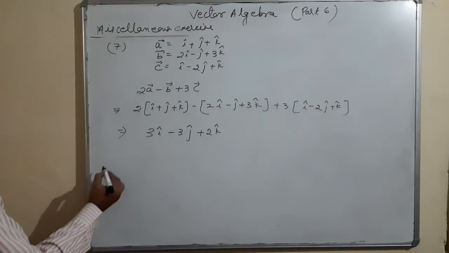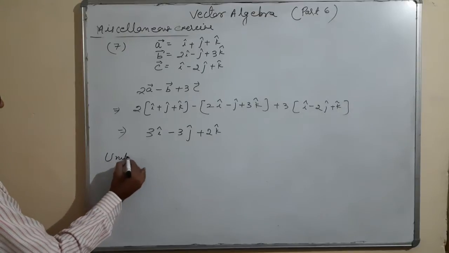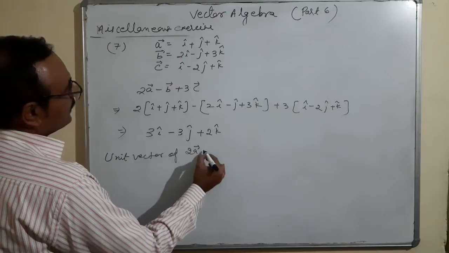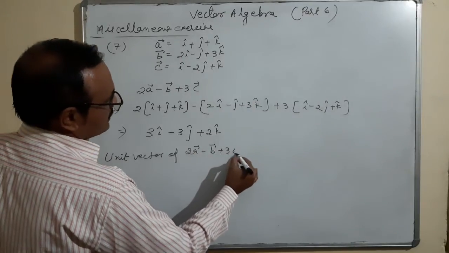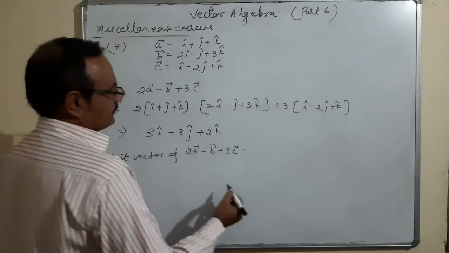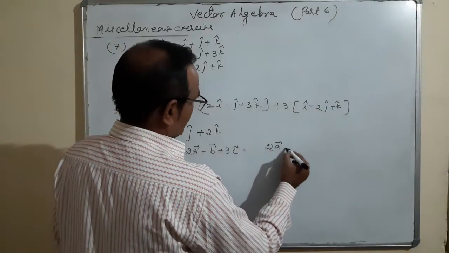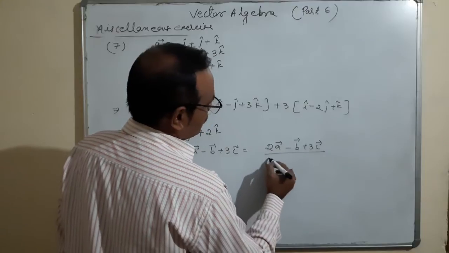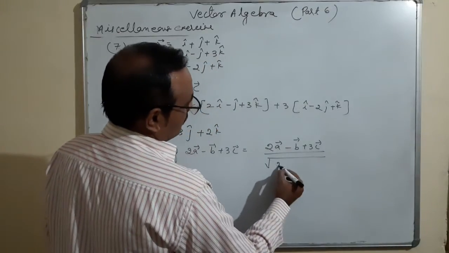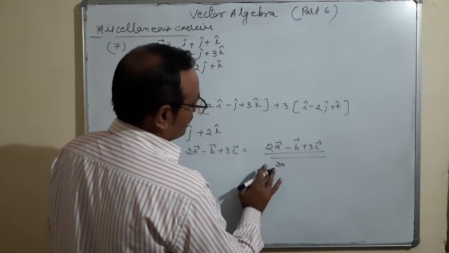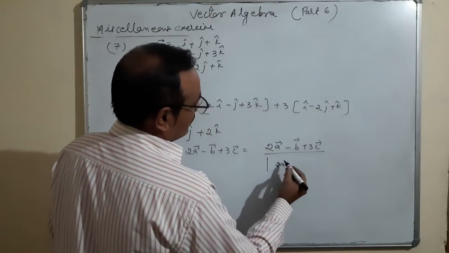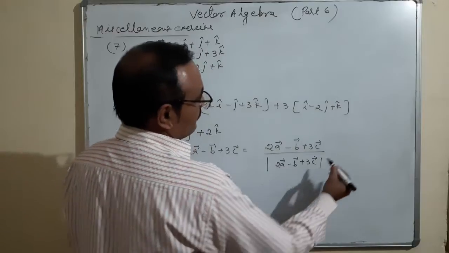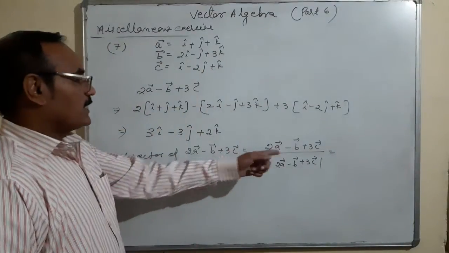Now we are going to find the unit vector. The unit vector of 2a minus b plus 3c is equal to the vector 2a minus b plus 3c upon its magnitude.